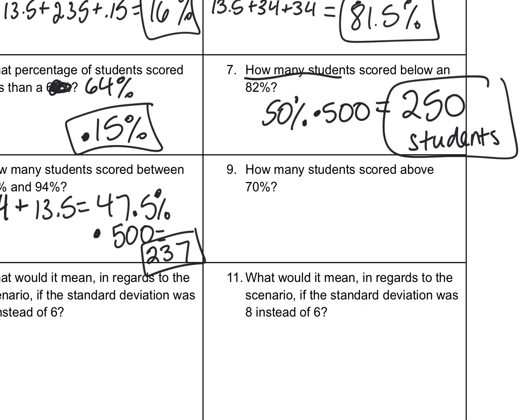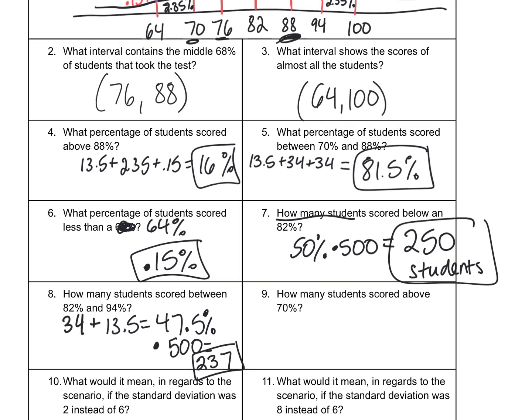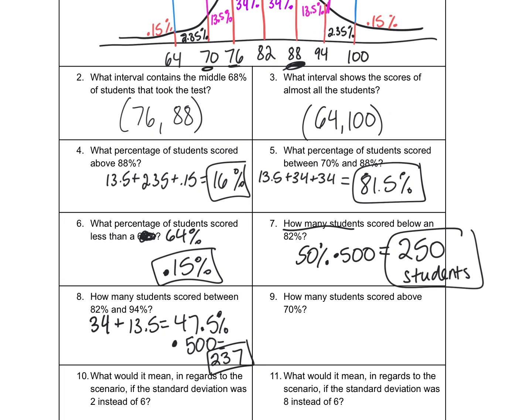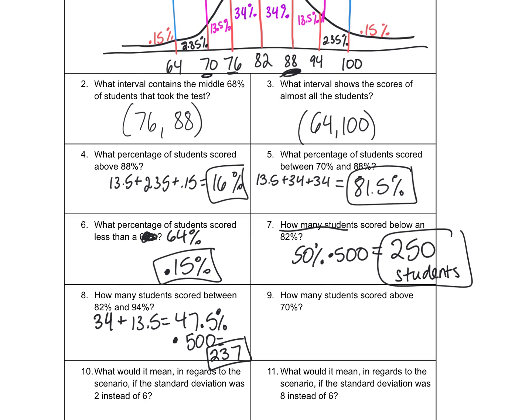How many students scored above 70? So add up all those percents. What do those all add up to be? Do we see where 70 is? And we're just adding up all the percents that are above it. What is that?